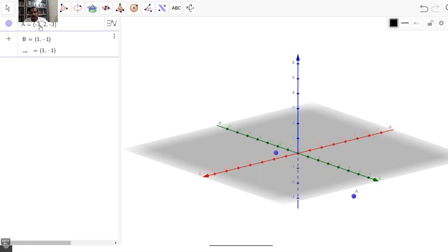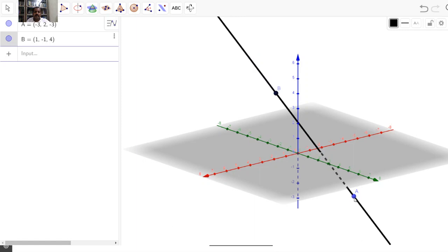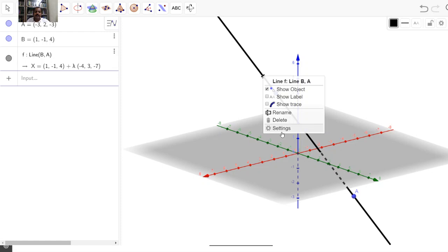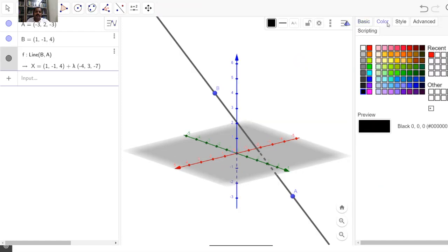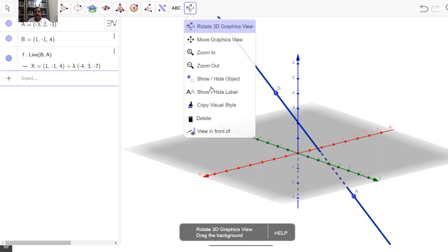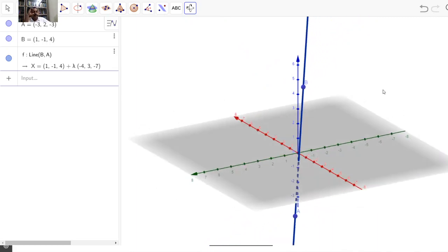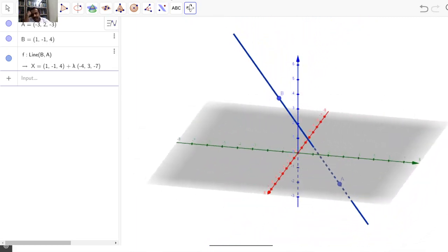Now you take these and find the equation of the line through these two points. So this is the required line in that first example. Make its color blue. This is the equation of the line in R3 in the first example.